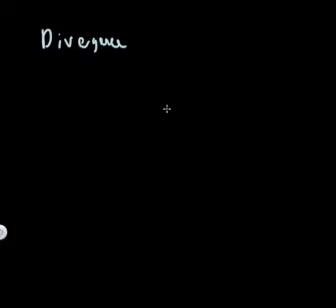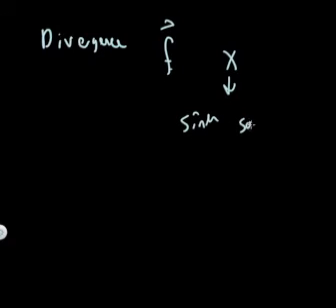So the divergence is going to take in a vector field and give out a scalar value. And this scalar value is going to show whether the point inside this vector field is a sink or a source. Or it looks at whether it is diverging or converging.